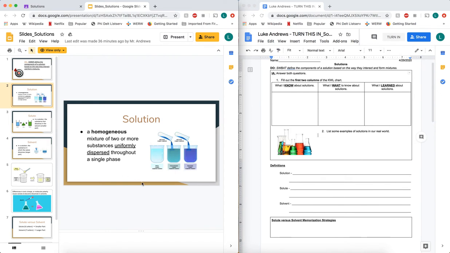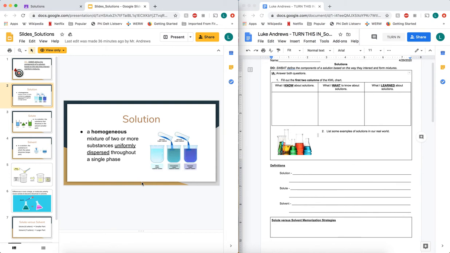We talked about this in the very beginning lab, or way back at the end of the year, when you designed your own experiments of how to separate different mixtures of water and sand and salt and things like that. So when I say uniformly dispersed, that means that all of the particles of both substances are universally spread throughout.